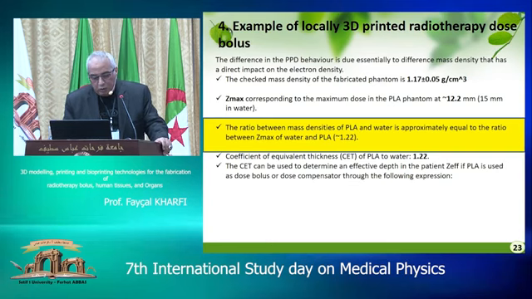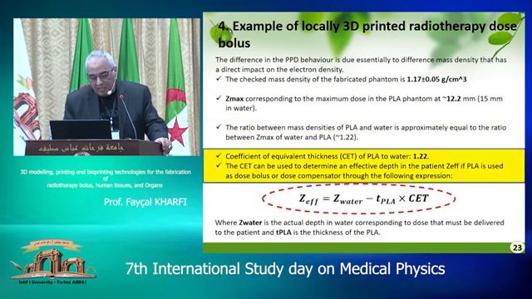And we determine also the coefficient of equivalent thickness of PLA, which is equal to the same ratio, 1.22. And this coefficient is used to calculate Z effective corresponding to any thickness that the clinician defines when he is using the PLA as bolus.